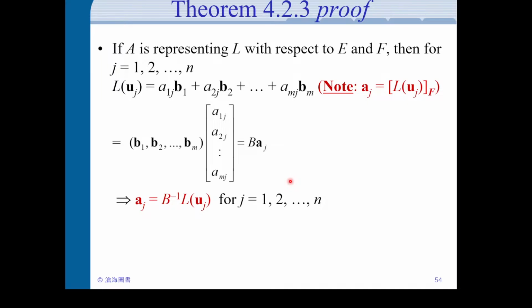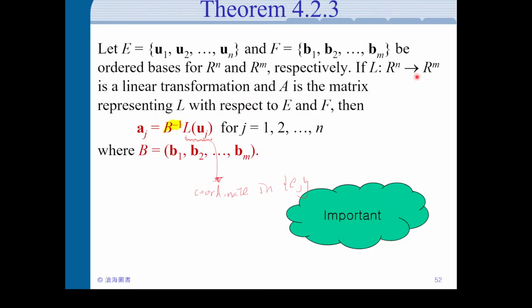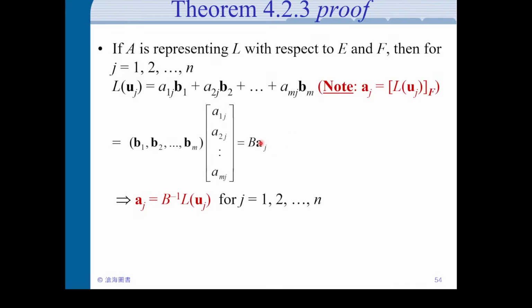And this is all in the standard basis of our Rm. Because of this, we can just apply B minus 1 on both sides, and we see that aj equals B minus 1 on L of uj.